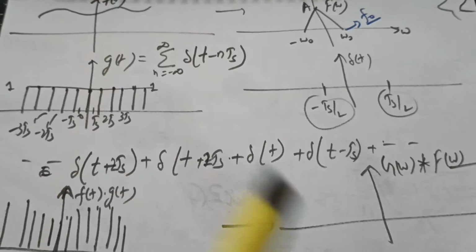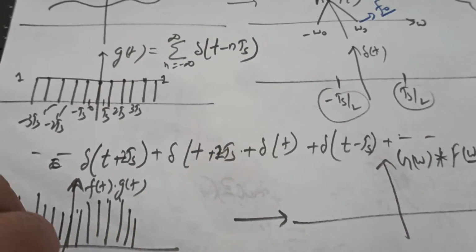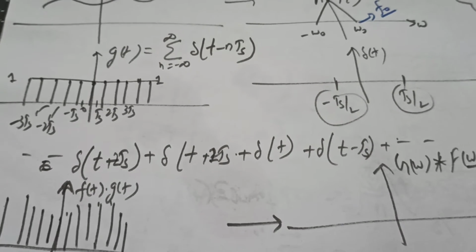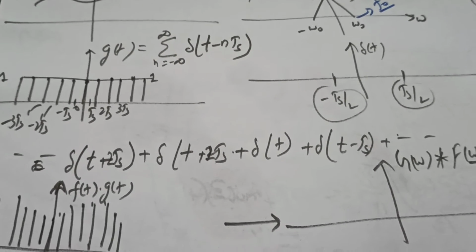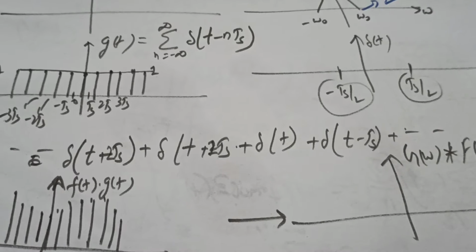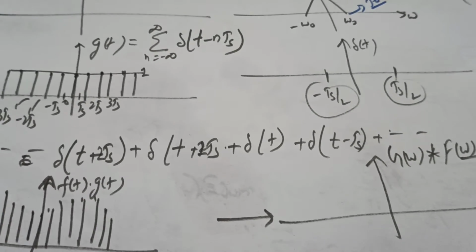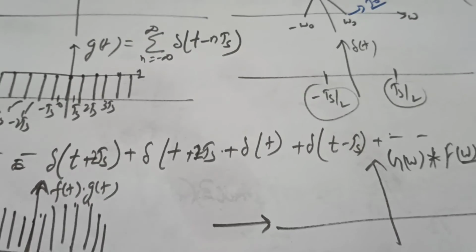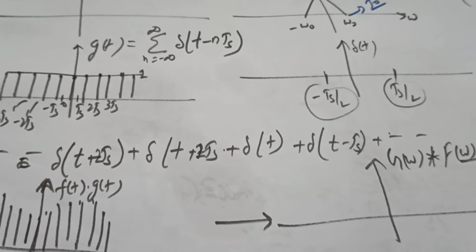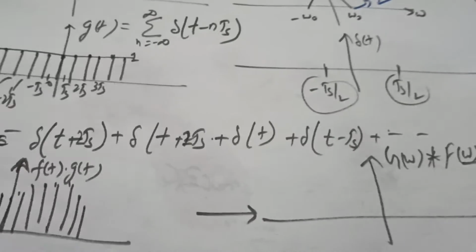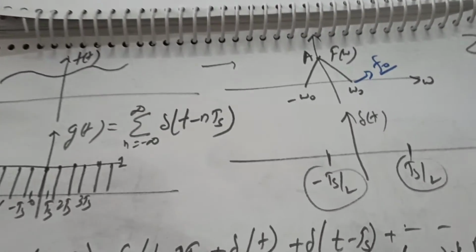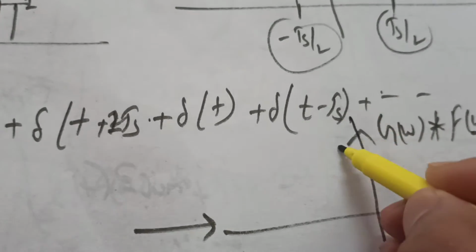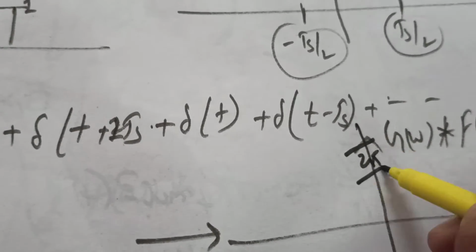Okay, after that the G(omega). One more thing was that when we performed f(t) dot g(t), it simply implied that in the time domain we are multiplying. So in the frequency domain it should be 1 upon 2 pi into F(omega) convolved with G(omega). This mistake is still there, so I would like to correct this thing.